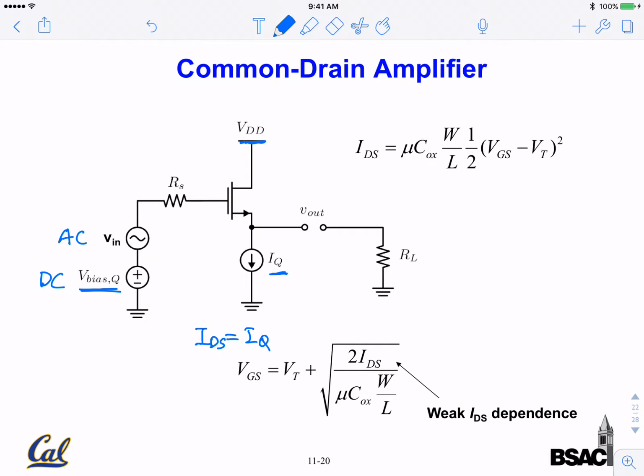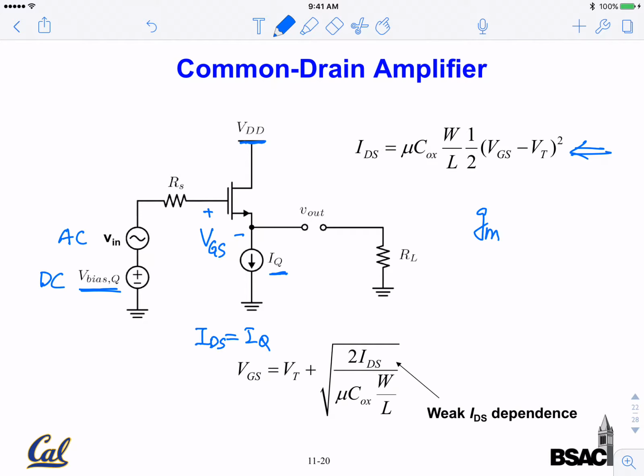And therefore, we know the DC value of VGS. It's simply related to this equation in the saturation regime. You invert that and you can find out what VGS is. Once you know that, you can find gm.